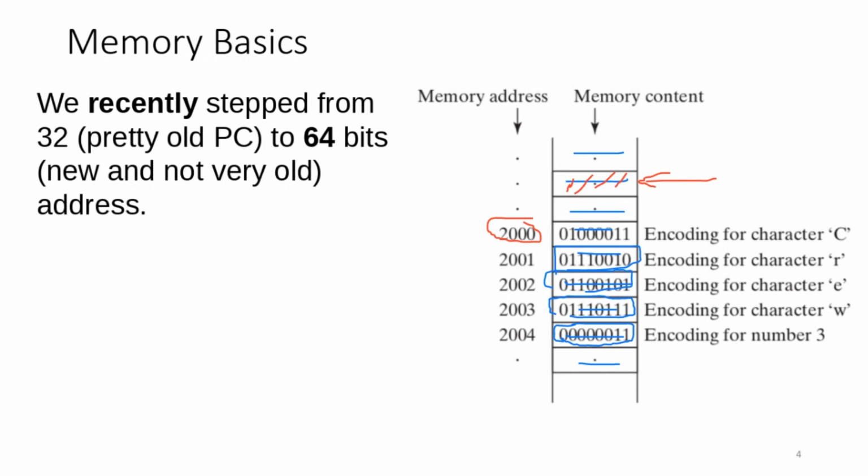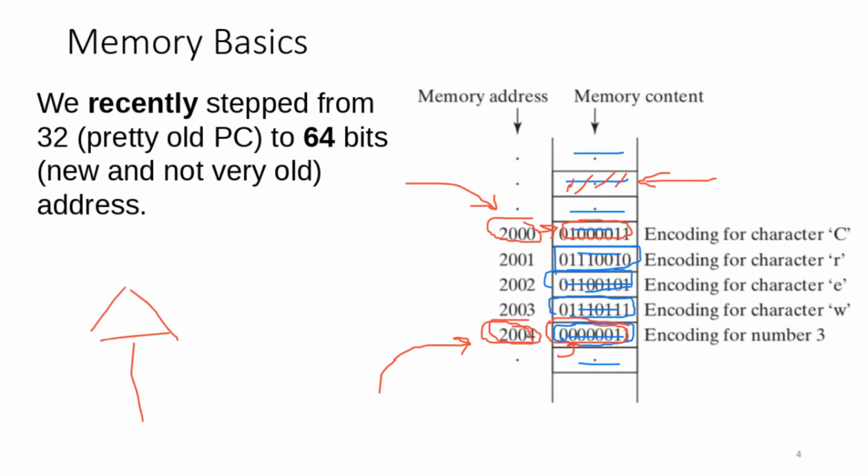This is the memory address for this location, and this is the memory content. Similarly, here we have another memory location. So we have a big memory. We go to location 2004, and there we save 4100000011. So this is the content of a memory, and this is the address of a memory.